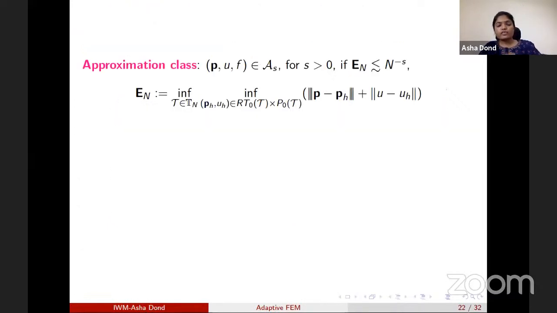Okay, this is about the convergence, but what about the optimality? How to show the convergence rate is optimal? For that, we have to define an approximation class.